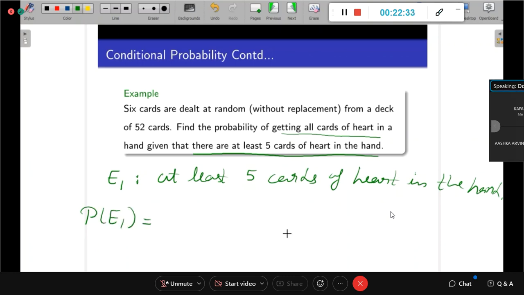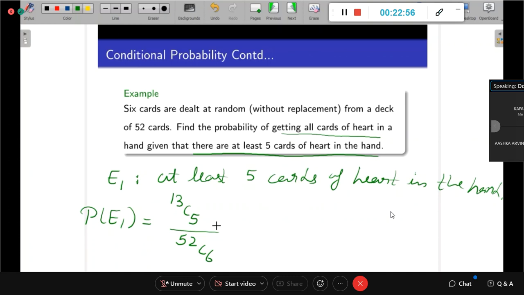Okay, so the probability of this event can be easily found. At least 5 cards of heart in the hand. The total number of exhaustive cases is 52C6. Now the total number of hearts is 13.